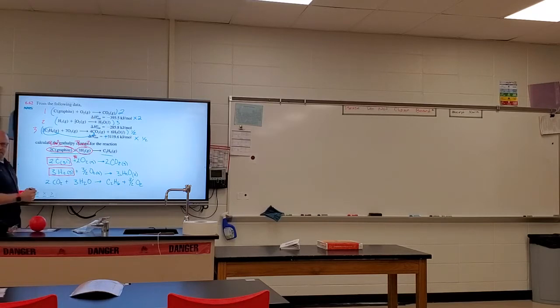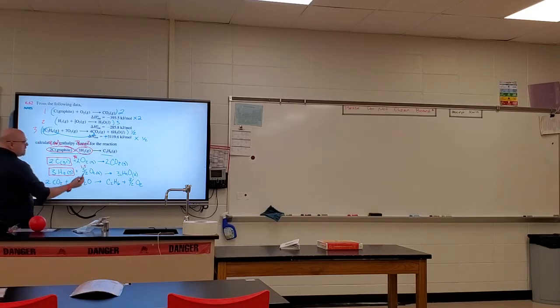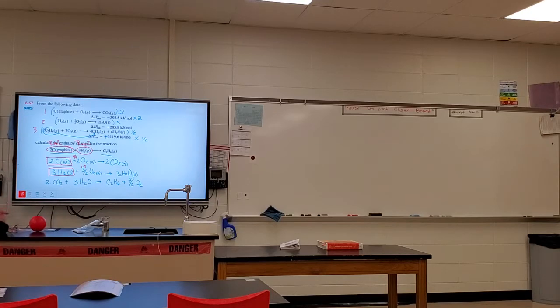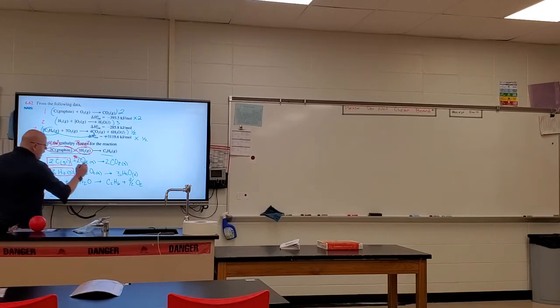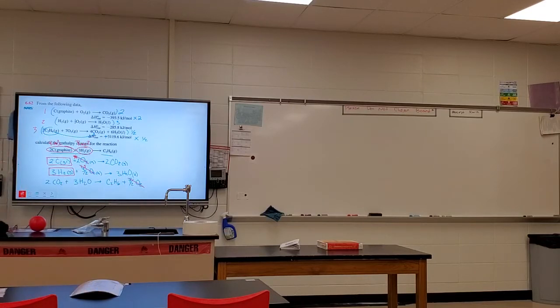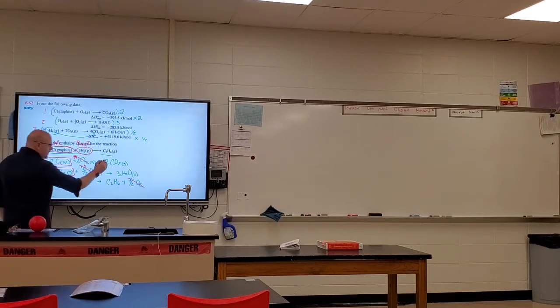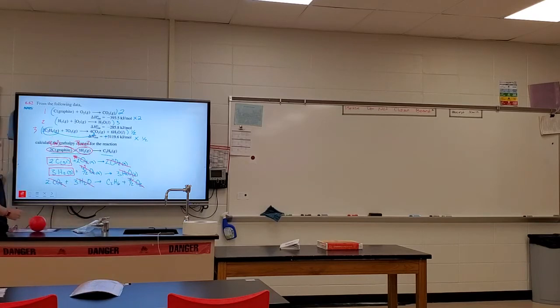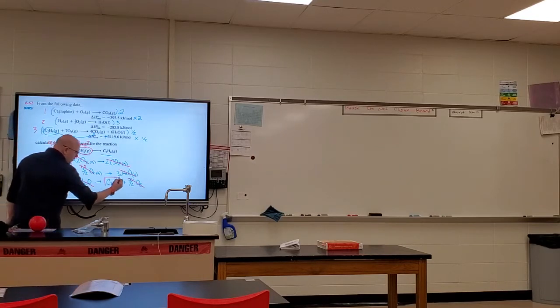The other way you could do it is if you had this as 1.5, then you have 2 plus 1.5 is 3.5, 7 halves. So both of these oxygens are going to cancel out that 7 halves oxygen. 2 CO2s cancel out. 3 H2Os cancel out. So we are left on the reactant side only with these, and on the product side with that.